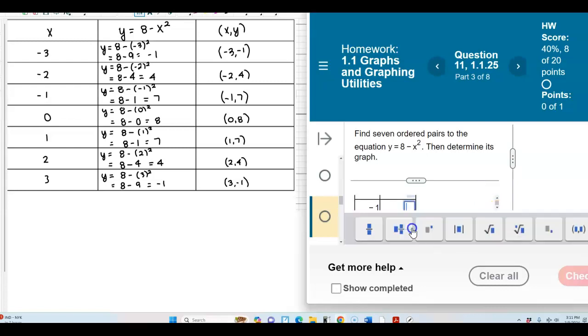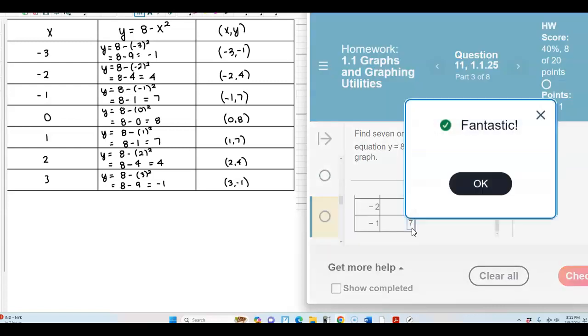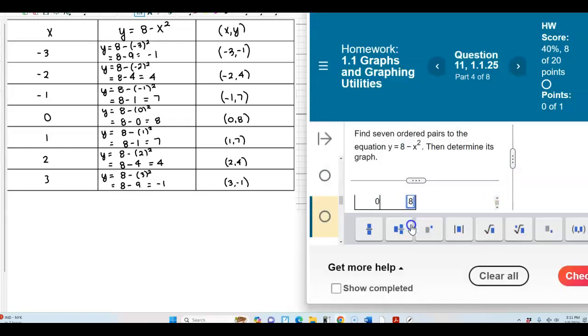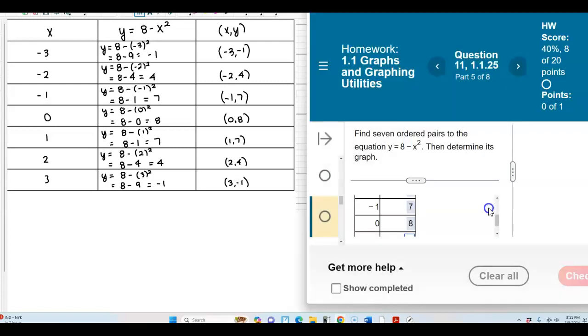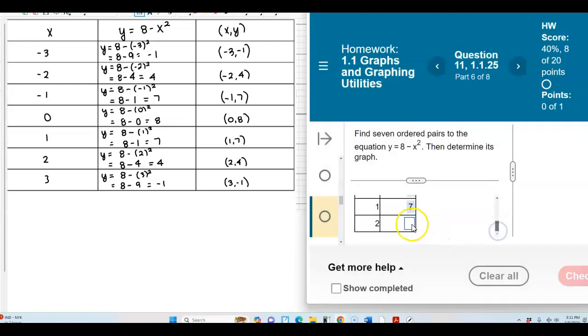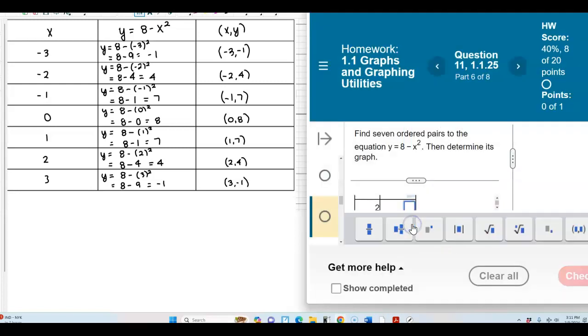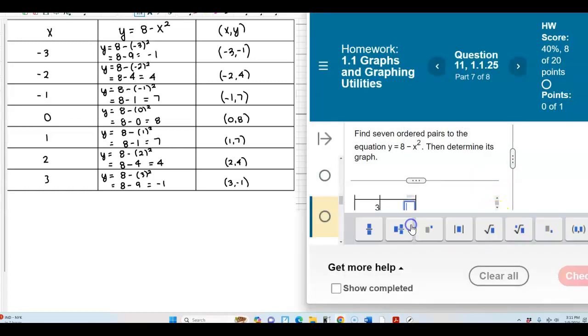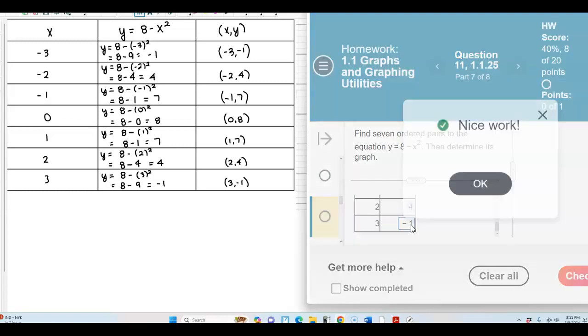Put in negative 1, and we got a positive 7. That checks. We put in 0, and then we got a positive 8. That checks. We put in positive 1, and then we got a positive 7. We put in 2, and we got a positive 4. And then we put in 3, and then we end up with a negative 1.